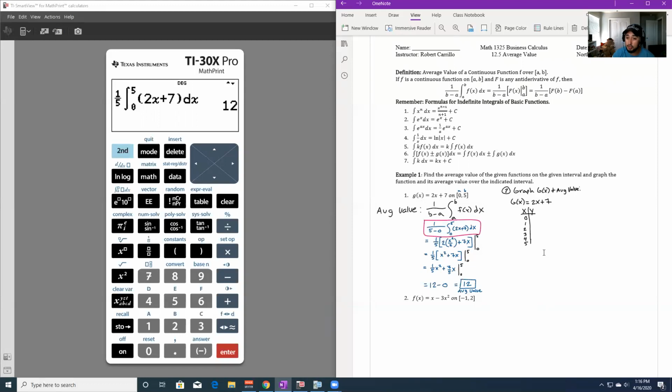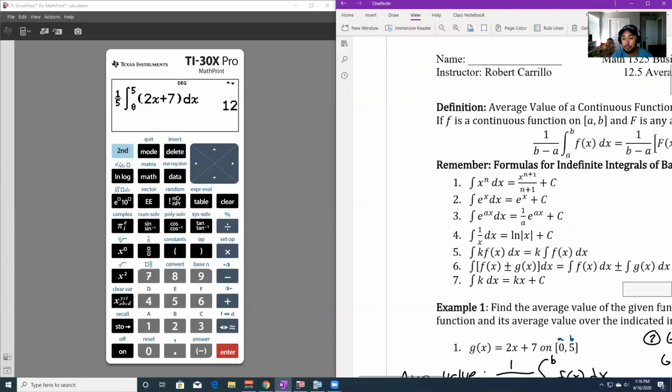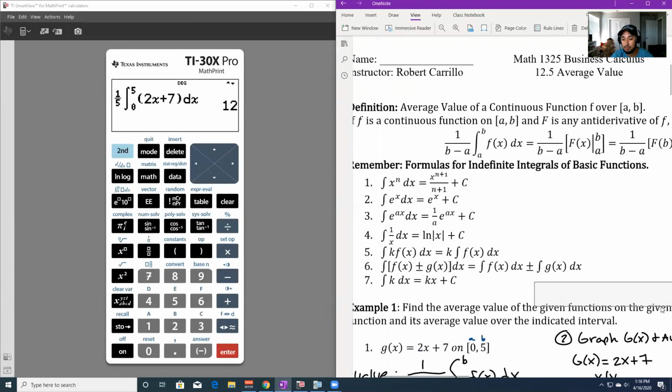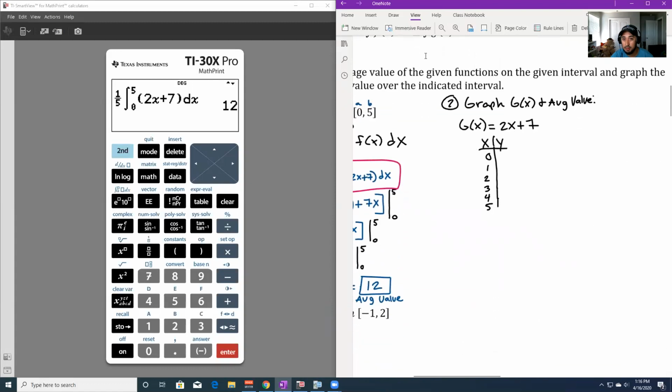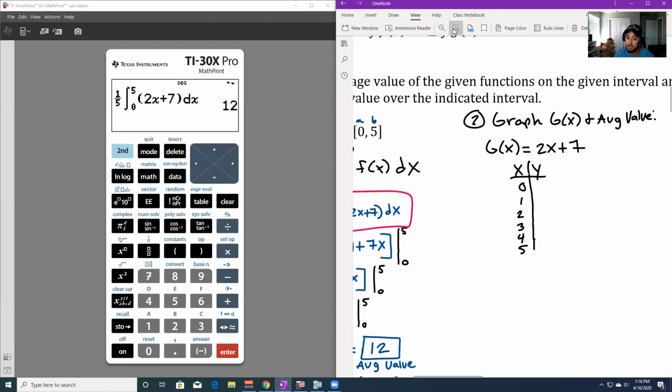And I'm going to plug all of those values into g of x. So if I plug in 0, I get 7. If I plug in 1, I get 9. Plug in 2, I get 11. Plug in 3, I get 13. See a pattern, 13, 15, 17.